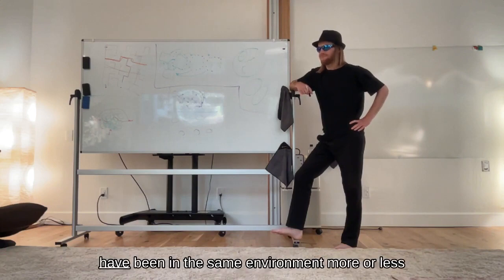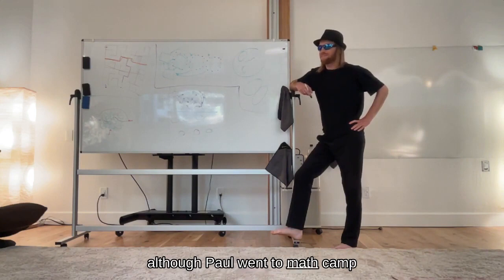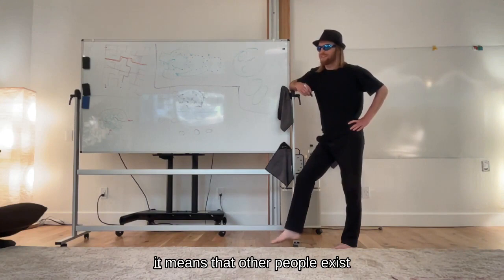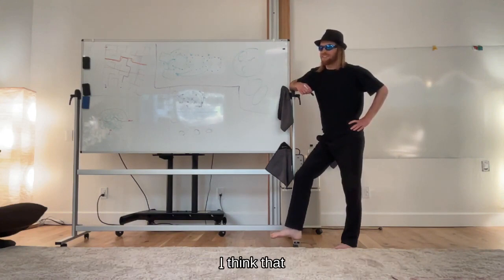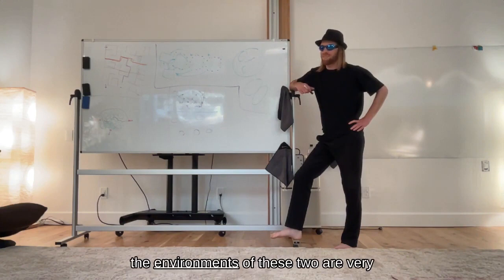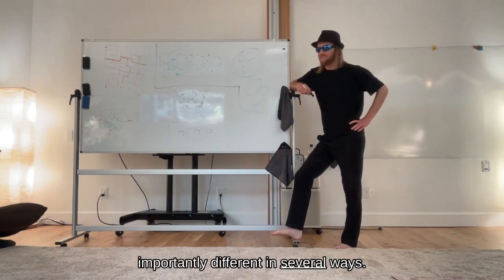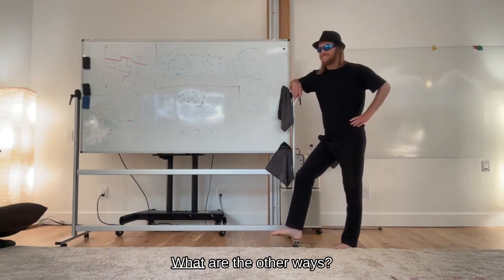Eliezer and Paul have been in the same environment more or less, although Paul went to math camp when he was a child, and so believes that other smart people exist and therefore markets are efficient or something. I think that the environments of these two are very importantly different in several ways, that being one of them. What are the other ways?